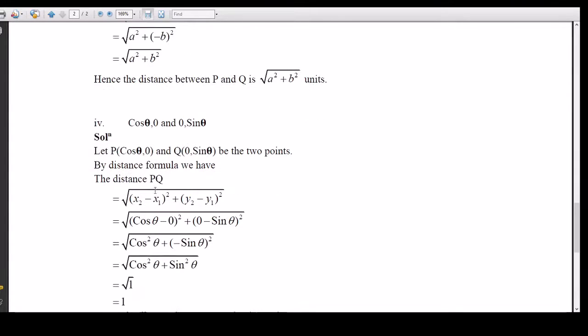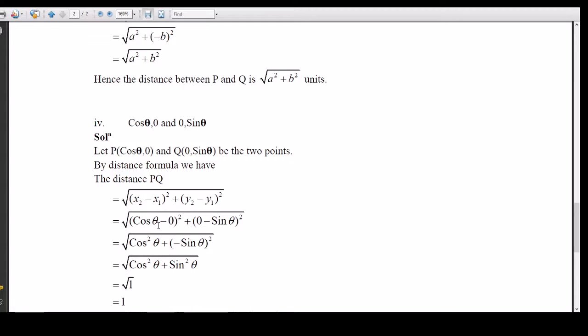Next we have cos theta, 0 and 0, sin theta. Using the same formula, cos theta minus 0 whole squared, then 0 minus sin theta whole squared. Cos theta minus 0 remains cos theta, whole squared, plus minus sin theta whole squared.